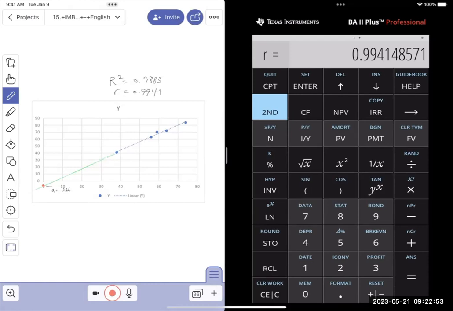Now, what is R square? What do we use it for? So R square is just the square of R. So you could take this value and square it, pressing the square number. So that's R square. And what is it for?